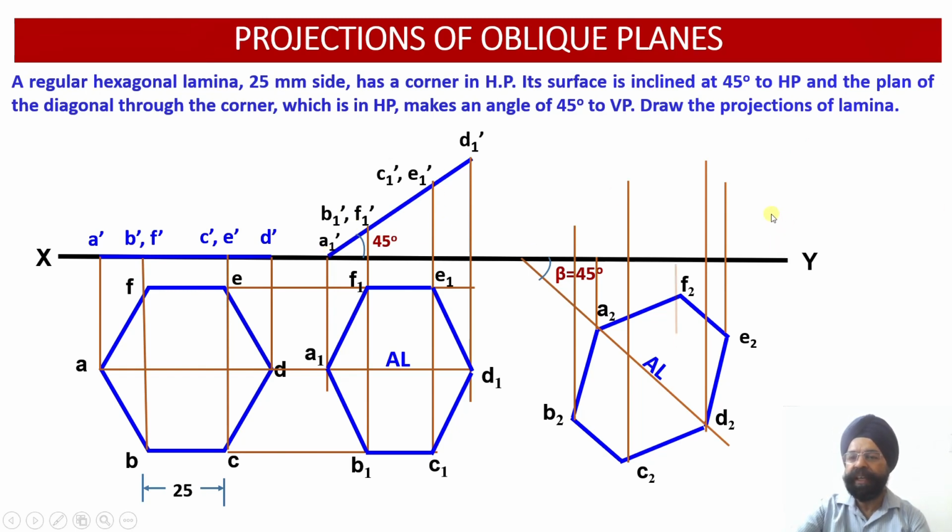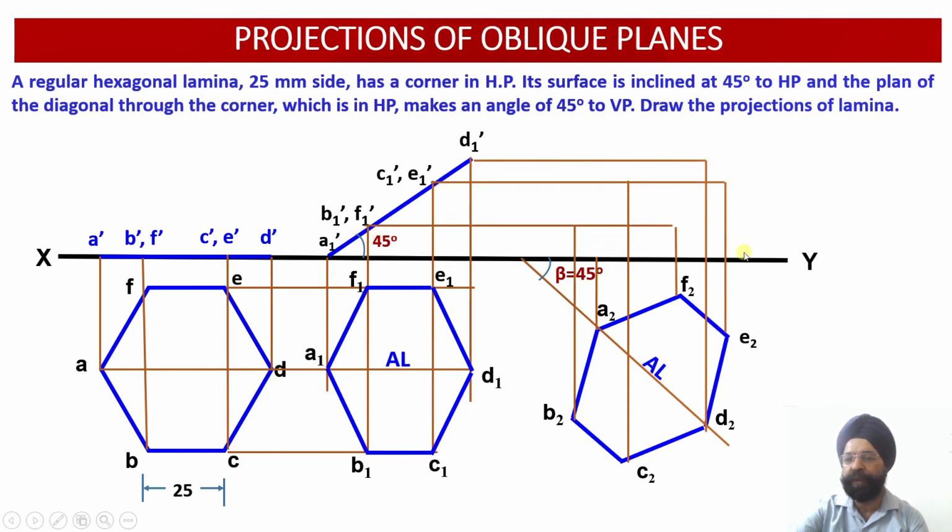Wherever the corresponding points of intersection are, we are going to have the location of the points in elevation. So just see, this is the vertical projector from A2, this is the horizontal projector from A1 dash. So this will give us the location of A2 dash.